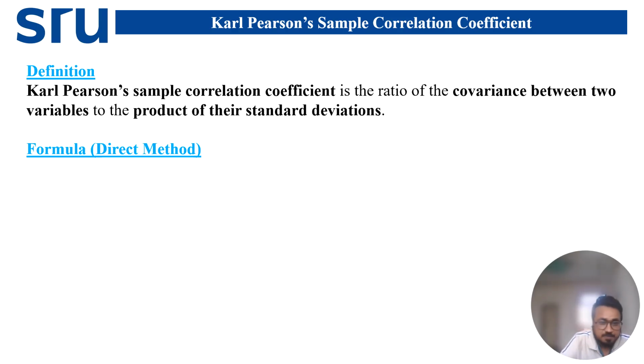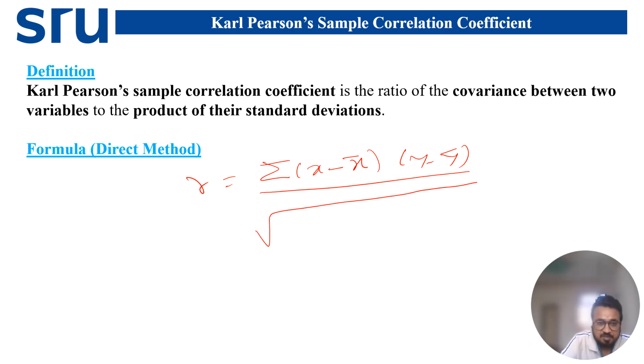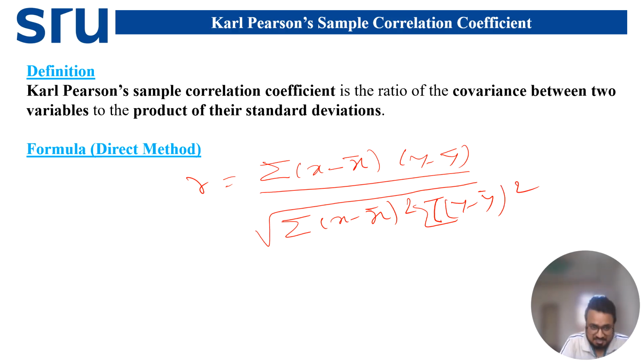That means we can write r equal to summation of (x minus x bar), where x bar is the mean, times (y minus y bar), divided by the square root of, for the standard deviation, summation of (x minus x bar) square into summation of (y minus y bar) square. So this is the formula.